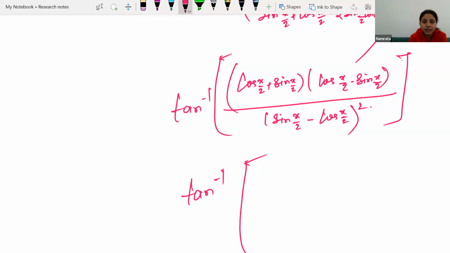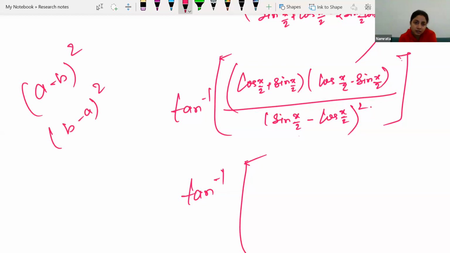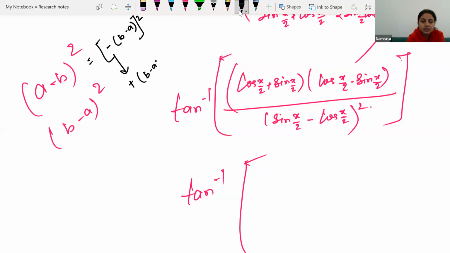Now this sin x by 2 minus cos x by 2 whole square can also be written as cos x by 2 minus sin x by 2 whole square. A minus b whole square or b minus a whole square is the same thing, because if you take minus common it becomes b minus a, and when you square it, the minus becomes positive and it is b minus a whole square only.